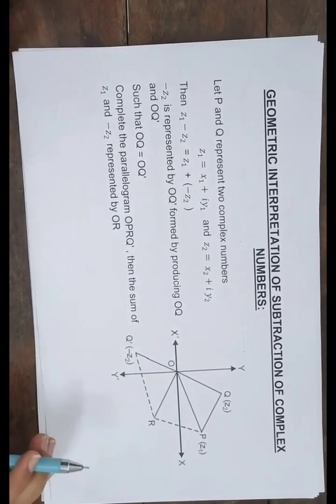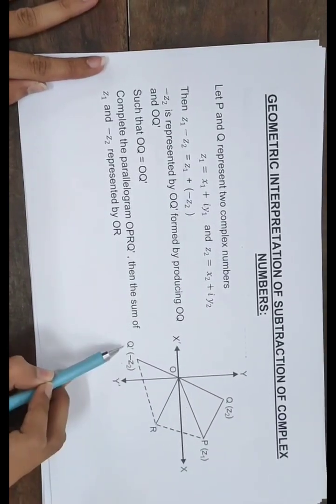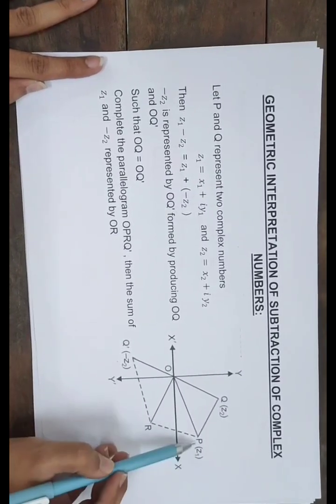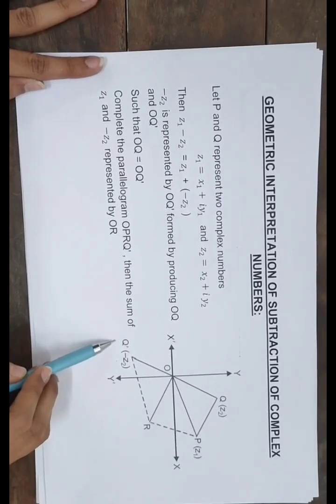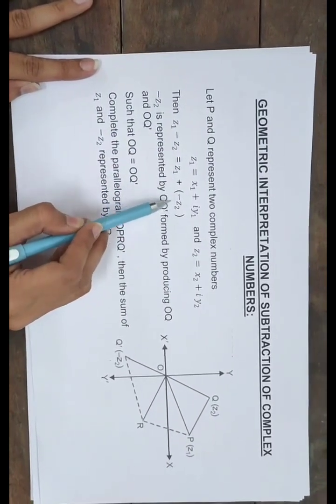Now we complete the parallelogram OPRQ dash. Therefore, OR represents the sum of the complex numbers P and Q dash, such that z1 minus z2 is equal to z1 plus of minus of z2.